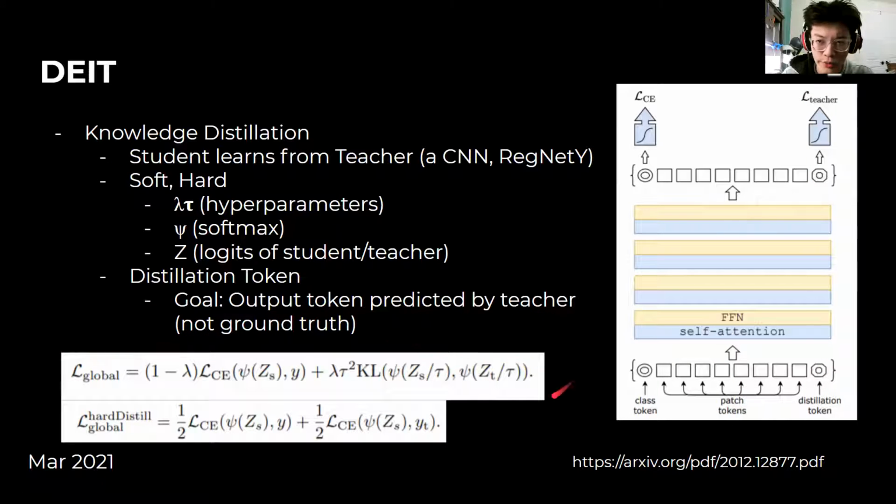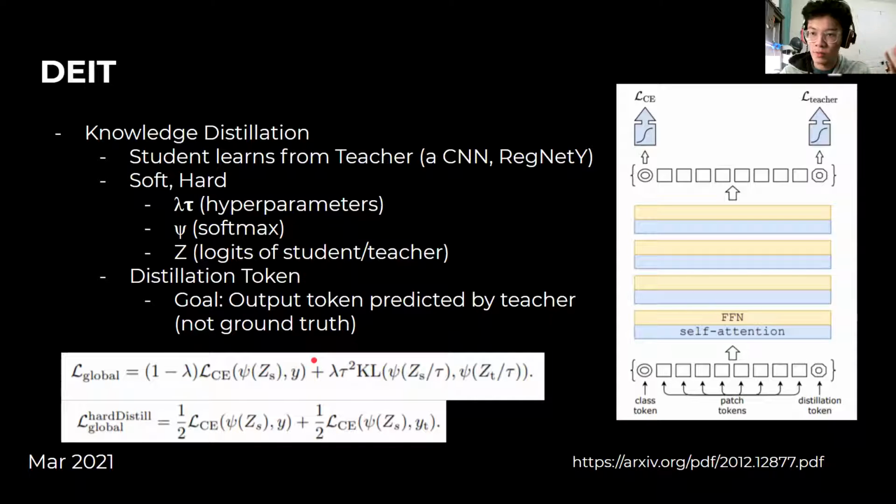So this is the usual way of training it. We have two terms here, and we separate these terms by lambda. So we have the cross entropy loss of the softmax of the logits. Z_S is the output of the student model. Once you have softmax, then you activate these logits. And there's Y, which is the hard ground truth.